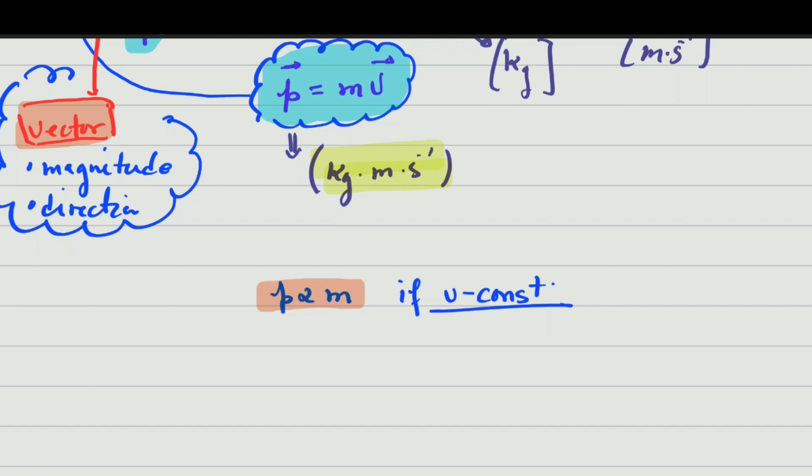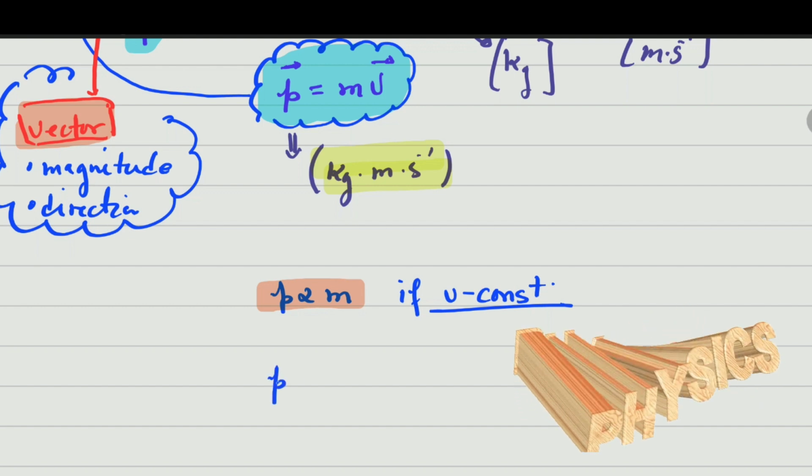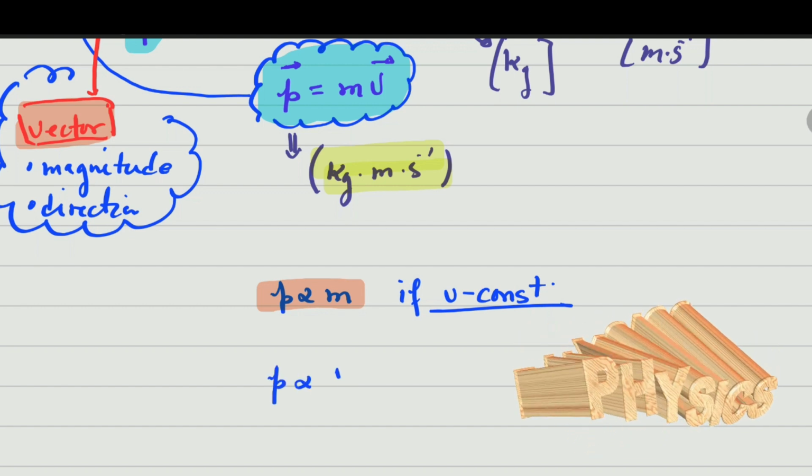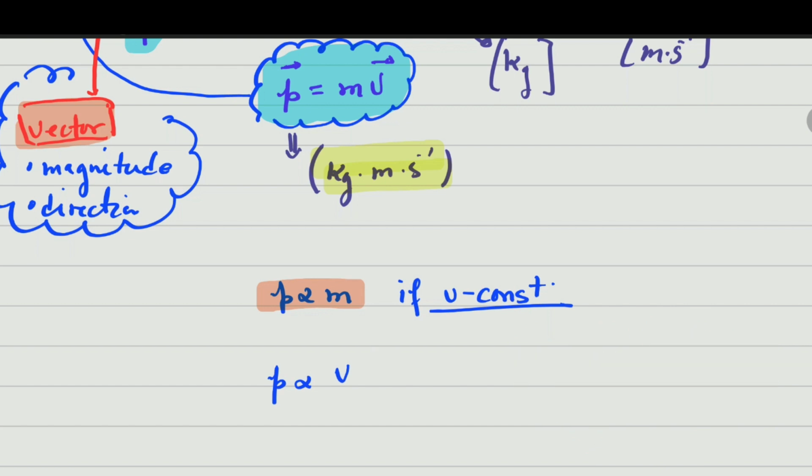And as you can see in the formula as well, momentum is directly proportional to the velocity of an object. This is a vector, so let's write the vectors here. What does it mean? The same as we said before.